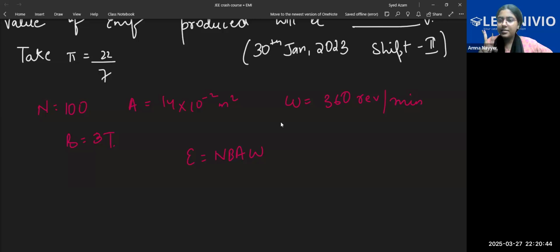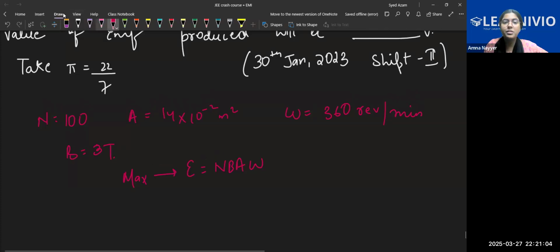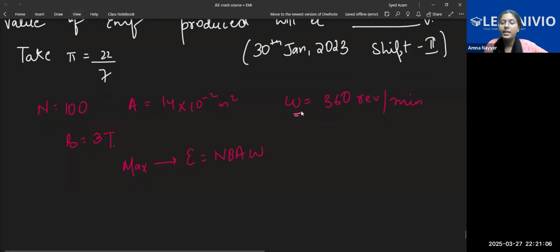See, two catches are there in this question. One is the maximum EMF. When we say maximum EMF, this is the formula for it. Second thing is the unit of angular velocity. If you see the rotation of the coil, it is given as 360 revolutions per minute. This has to be converted. Now revolutions, if you convert it into radian, you have to multiply it with 2 pi.